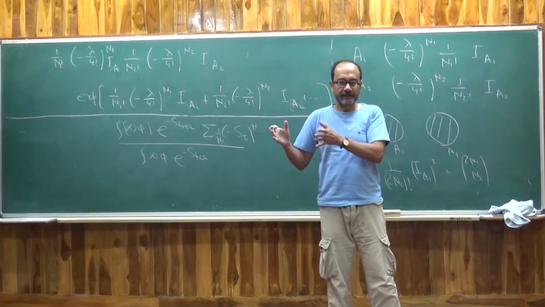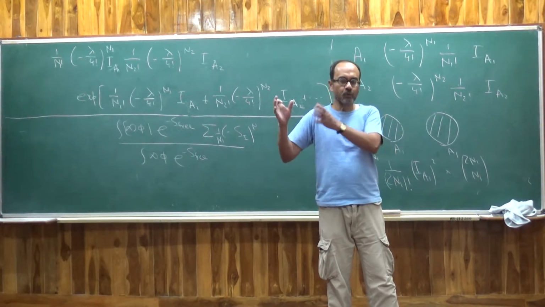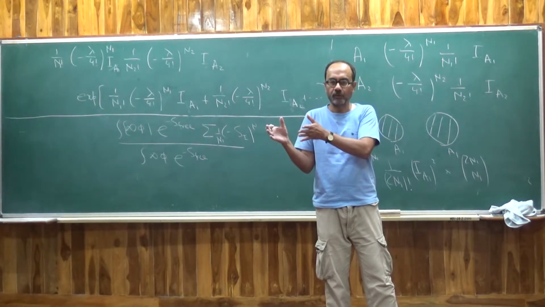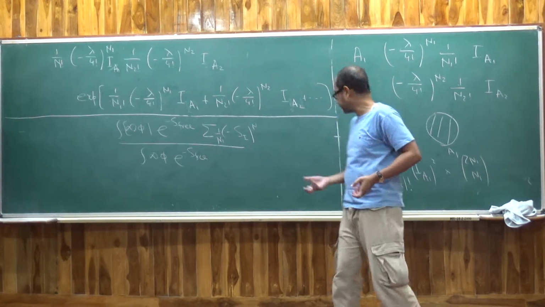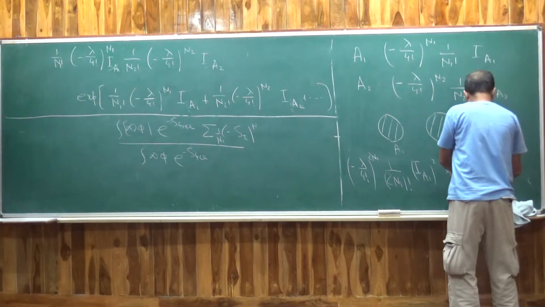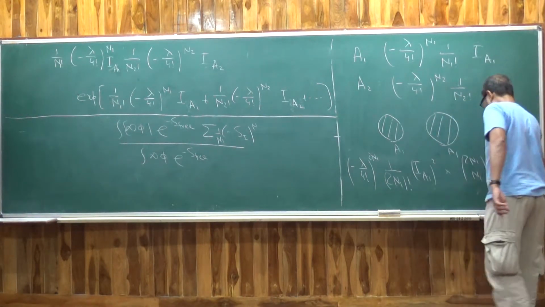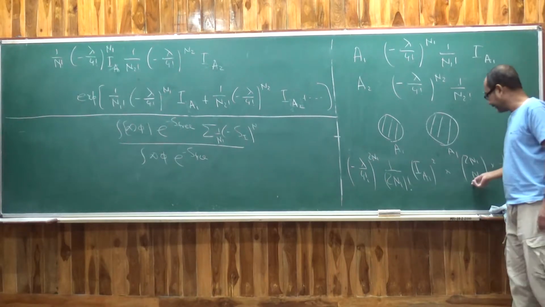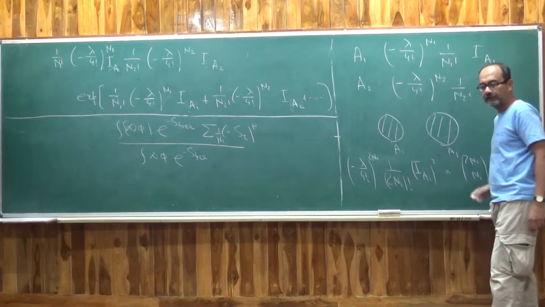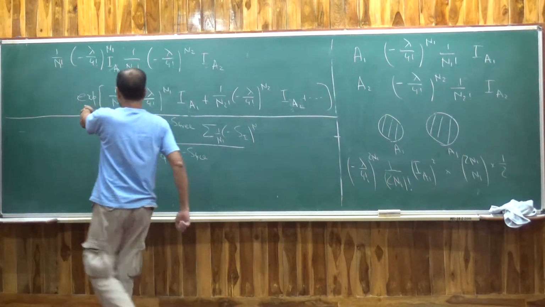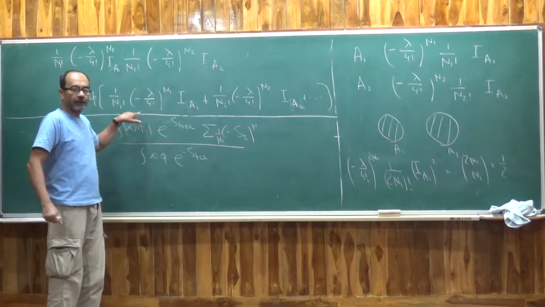Suppose you have 4 objects and you choose 2 out of 4. If you choose the first 2 or the last 2, they give the same diagram, because exchanging them gives the same diagram. So you have to divide by half. And this becomes again 1 over n1 factorial squared, and you can easily verify that that's consistent with the expansion of this.